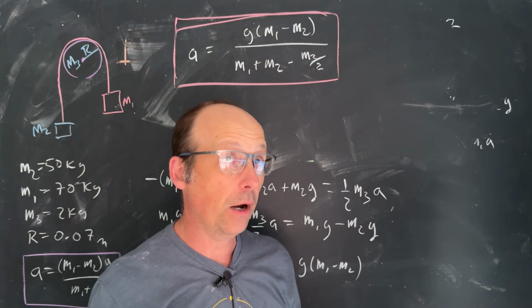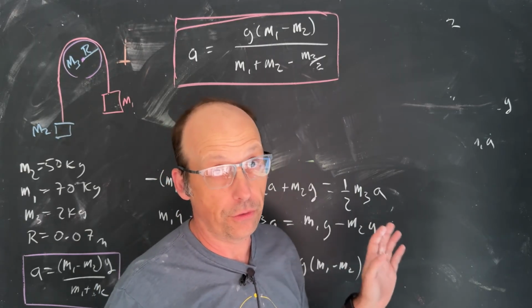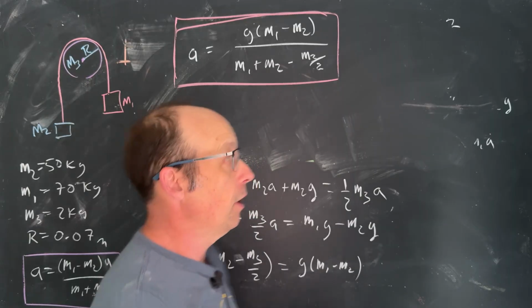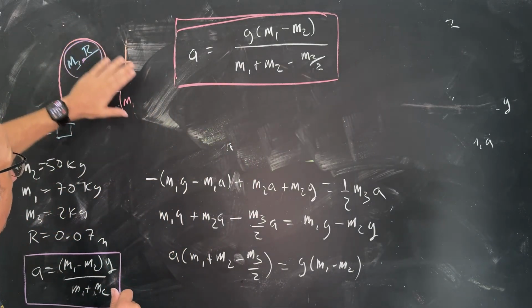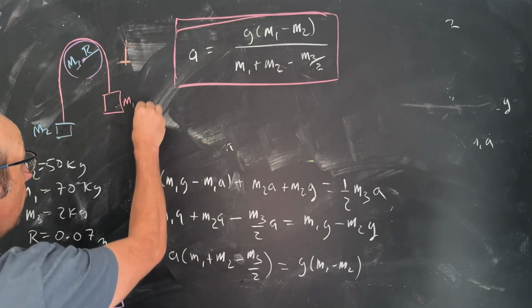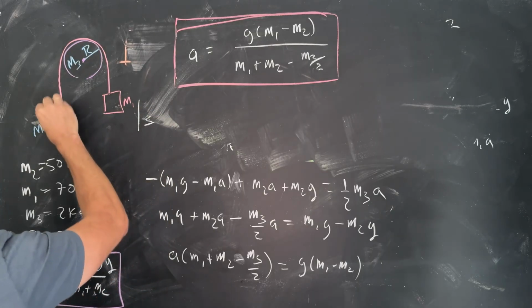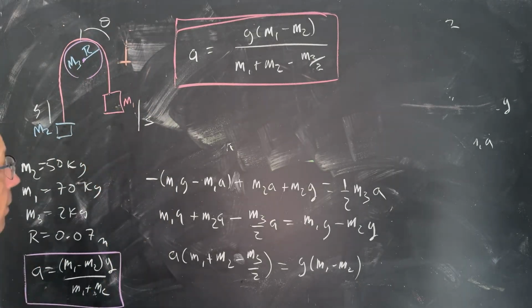I do want to point out something else, and I did this in the previous video. I'm not going to go through the whole solution. You can also solve this problem with the work energy principle, because if I say I have the system of the disk, mass 1, mass 2 and the Earth, then as I let go, this is going to go down some distance s. And this is going to go up some distance s, and this is going to rotate some angle theta, which you don't even care about.